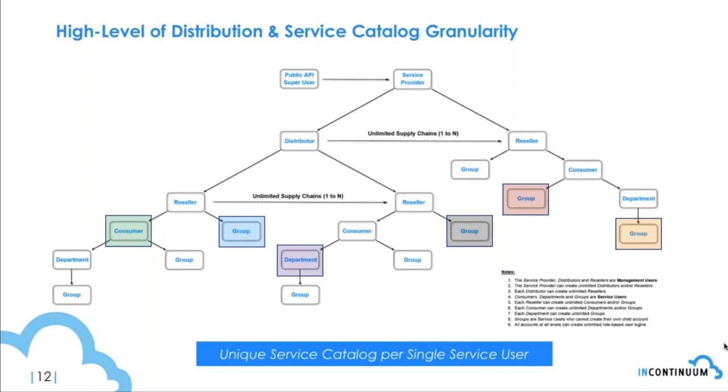So every consumer level account, department level account, and group account can have its own service catalog completely independent of each other, which may be pre-configured, for example, with their own licensing key information or unique IP pool information or various virtual network functionality and so forth. You have a very high level of service granularity by using this model.